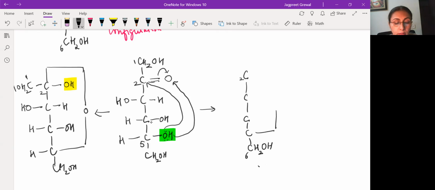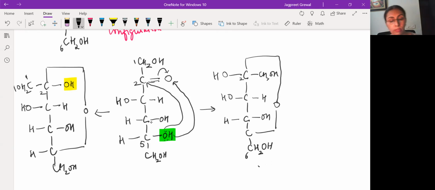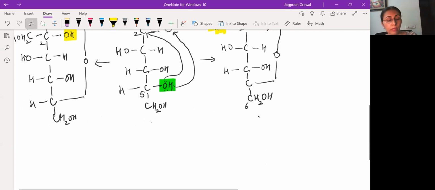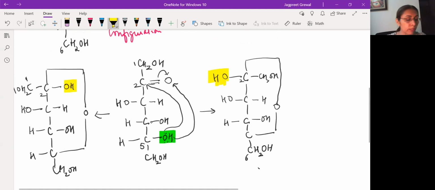Same way, OH, H, H, OH. So now the CH2OH group is on this side, whereas the new OH group that is formed is on this side. So accordingly, you will get two anomers. You get one more asymmetric carbon atom, due to which you get two isomers.